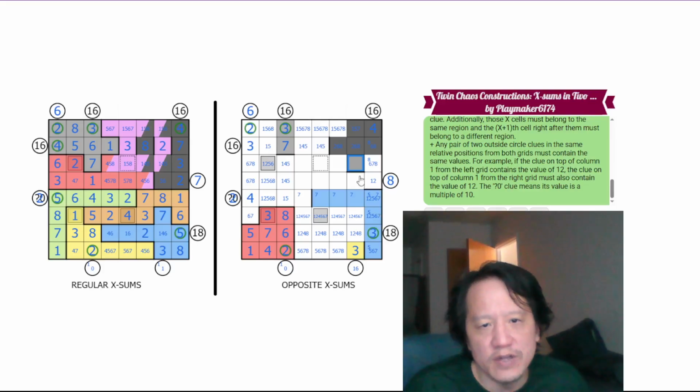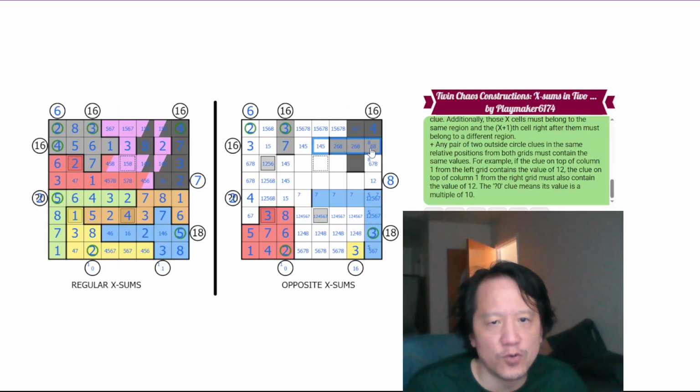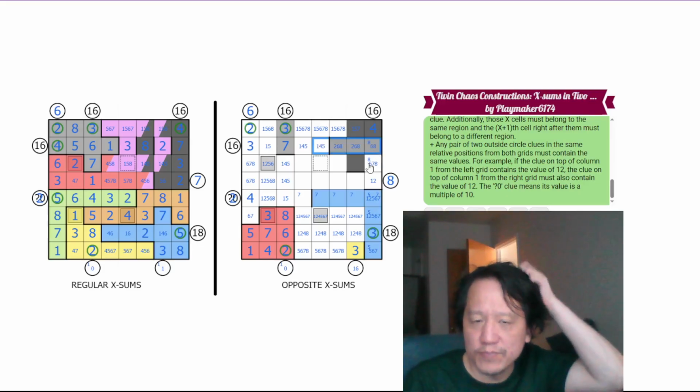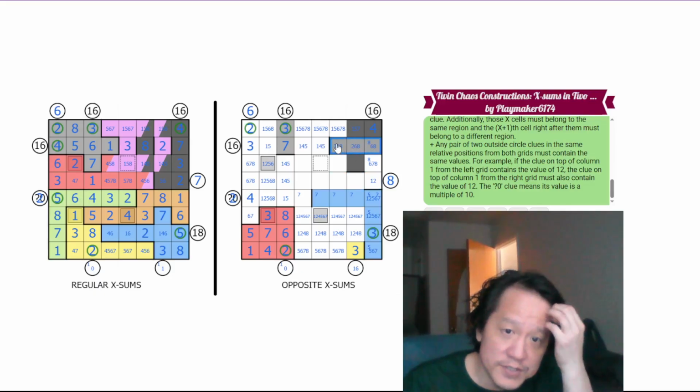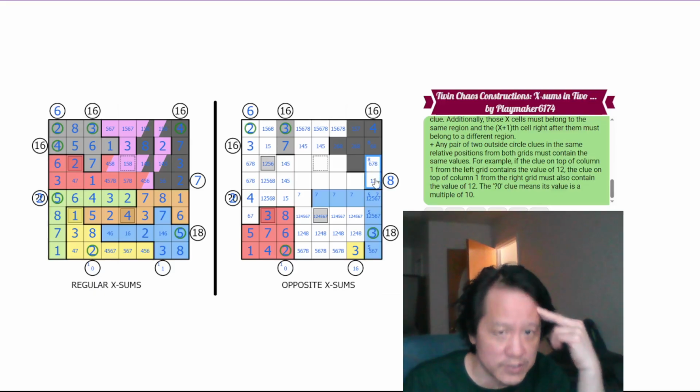So if this is 4, we still need access to a 3. So if this is 4, this has to be a different region and must go out. If this is 3, we still need access to a 3 somewhere in the dark region, so these both can't be dark.